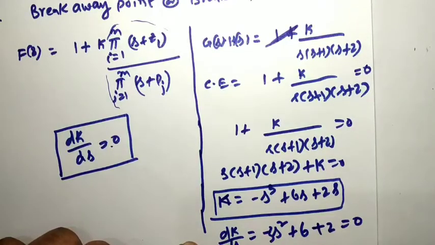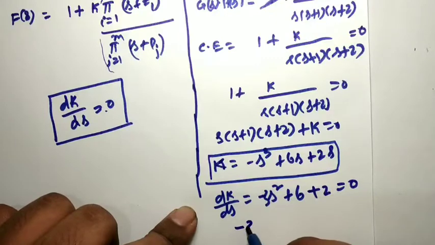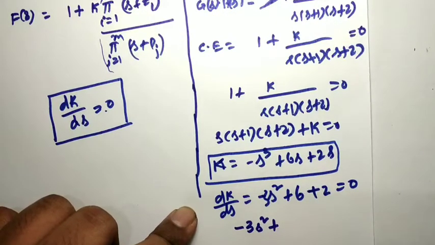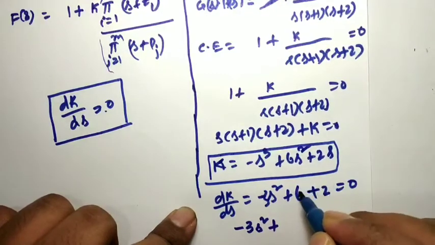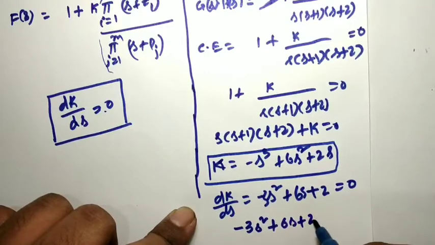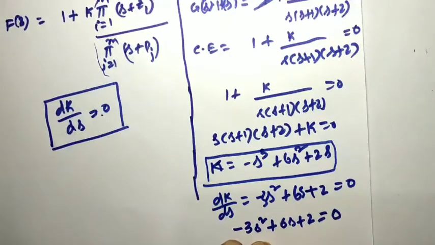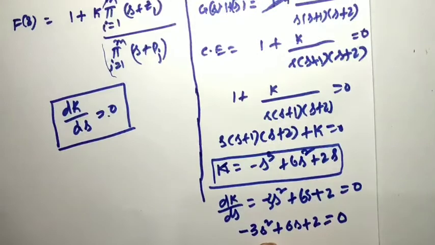Okay, so finally you got the equation minus 3s square minus 6s minus 2 is equal to 0. If we find the roots, you will get the s values.